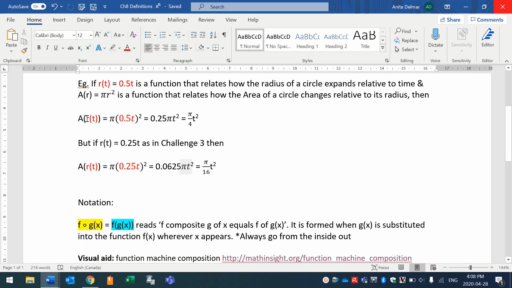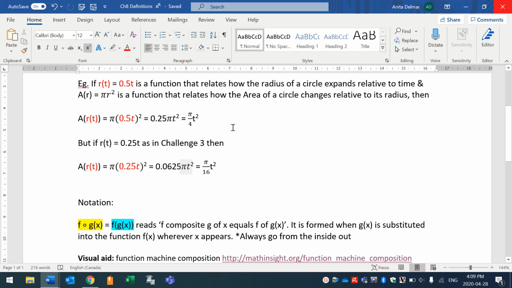So that's why I've highlighted r of t here in red. That's the function that I'm substituting into a of r. And so that would be pi of 0.5 t all squared.